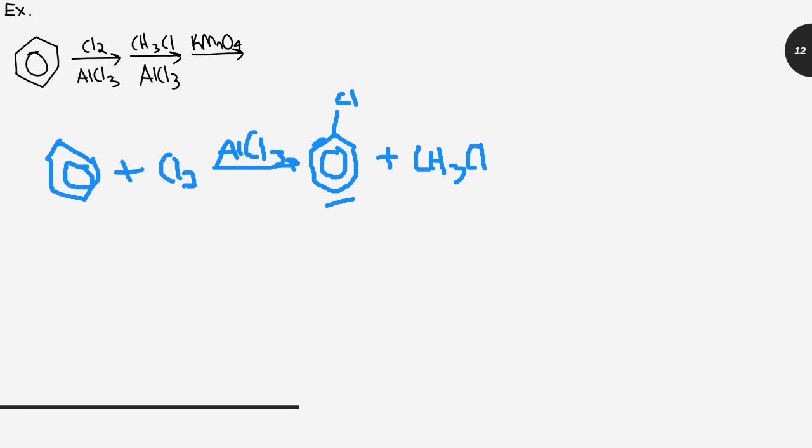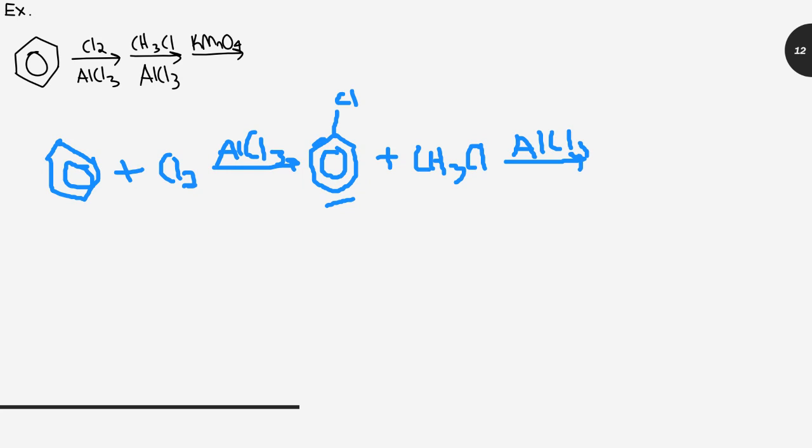What director is a chloro group? It's an electron withdrawing group, so it would direct meta. That's the exception though, isn't it? It's an electron withdrawing group, but it's an ortho-para director. Remember that, because that's the exception.